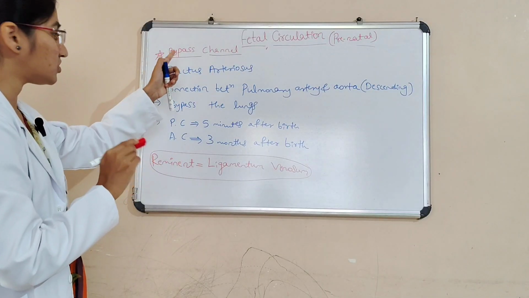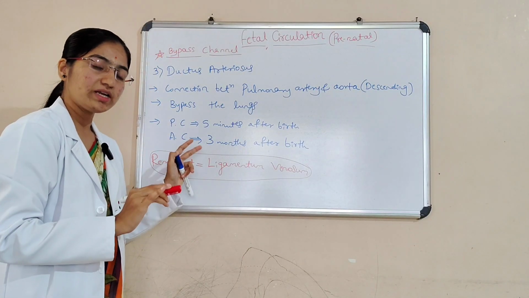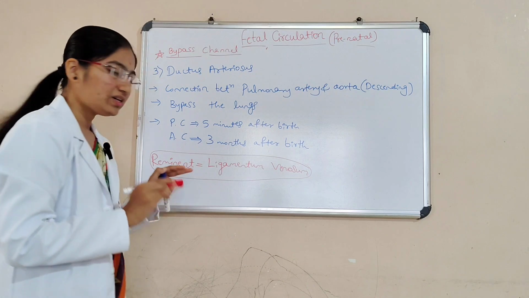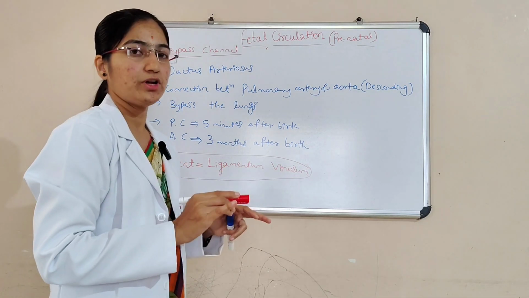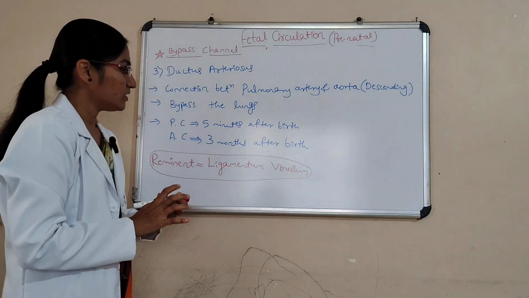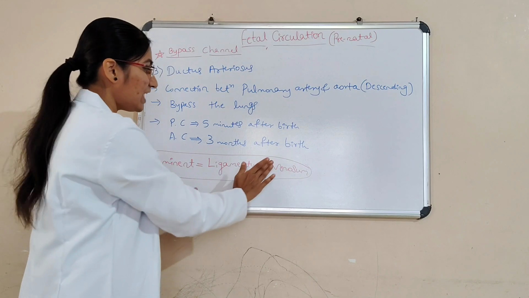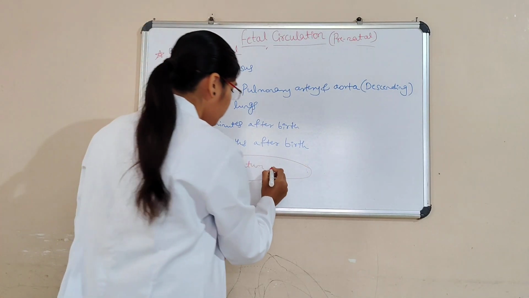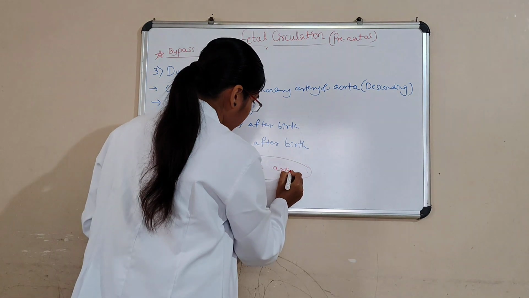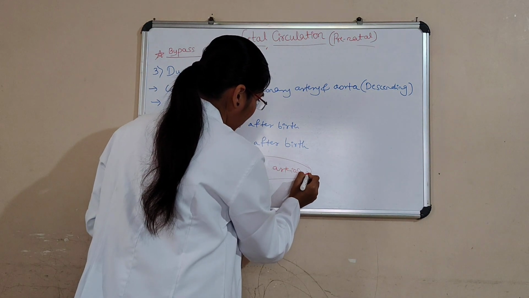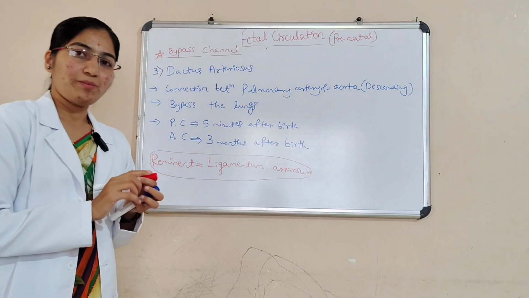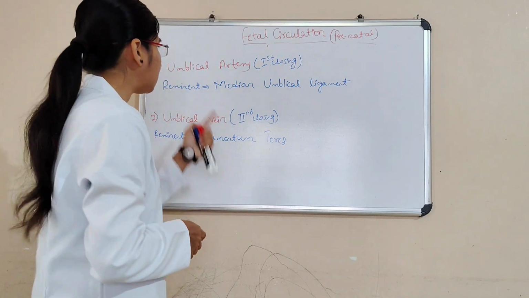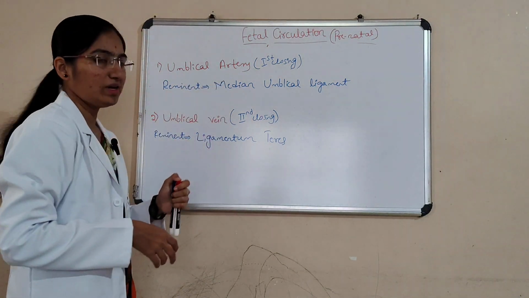It's going to close physiologically and also anatomically, and then after that the remaining thing is a ligamentum venosum. Sorry, it's not a venosum, it's an arteriosum. Ligamentum arteriosum. After that, we'll see the closing of the umbilical artery and umbilical vein.